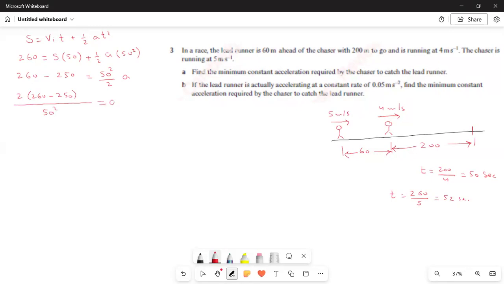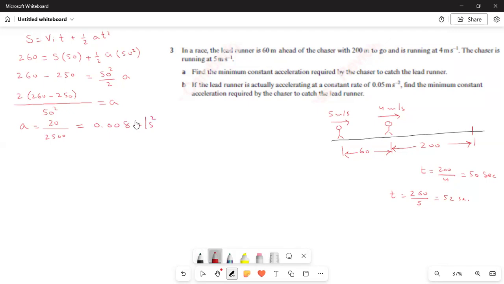This is going to be a. So a is equal to, 260 minus 250 is 10, 10 times 2 is 20, 20 divided by 50 squared, which is 2500. So 20 over 2500 gives us 0.008 meters per second squared.